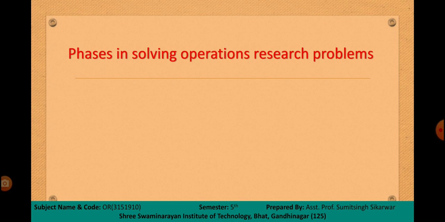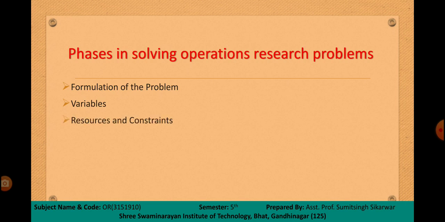Any operation research analyst has to follow certain sequential steps to solve the problem at hand. The steps he has to follow are discussed below. First is formulation of a problem. Next is identifying the variables. Next is allocating the resources and its constraints.